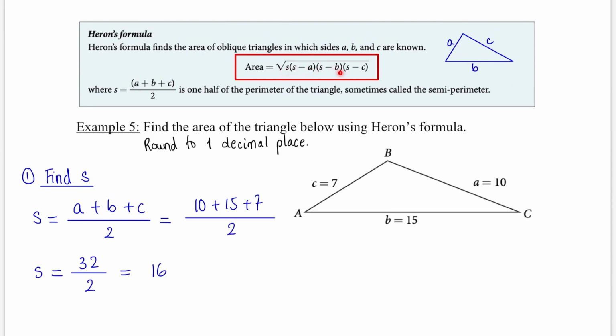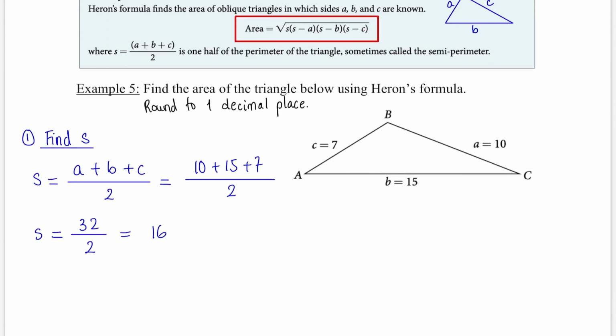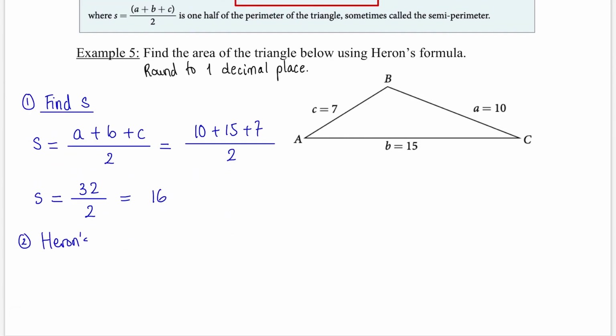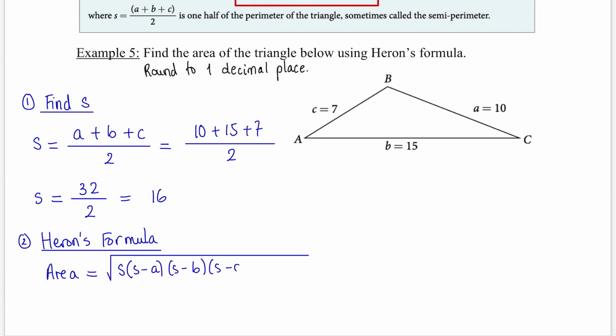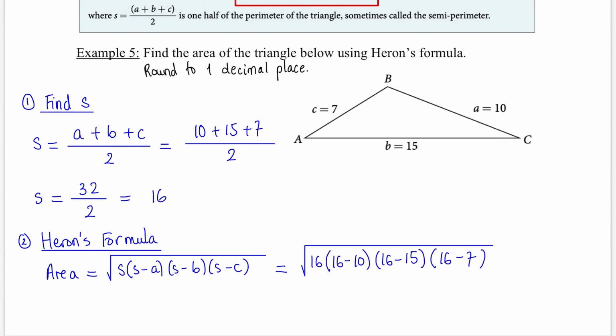So after I found S, I will substitute that into my Heron's formula. I will have S times S minus A times S minus B times S minus C, and then I'll take the square root of that. I will substitute 16 in for S, 10 in for A, 15 in for B, and 7 in for C. 16 minus 10 is 6, 16 minus 15 is 1, and 16 minus 7 is 9.